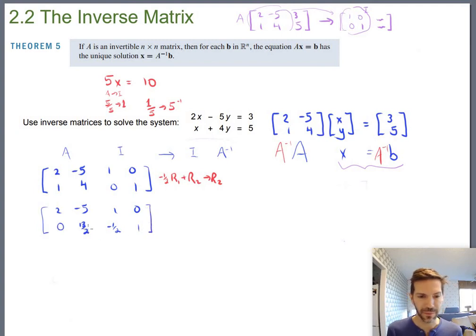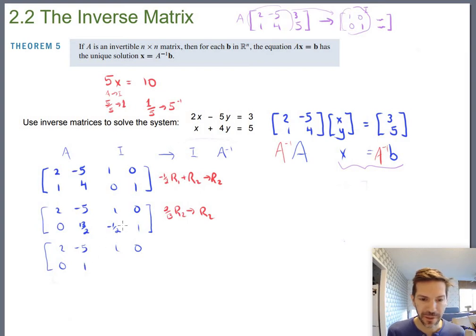I'm going to go ahead and put a 1 where the 13/2 is. So that would be 2/13 times row 2 will become the new row 2. So 2/13, so that'd be 1.